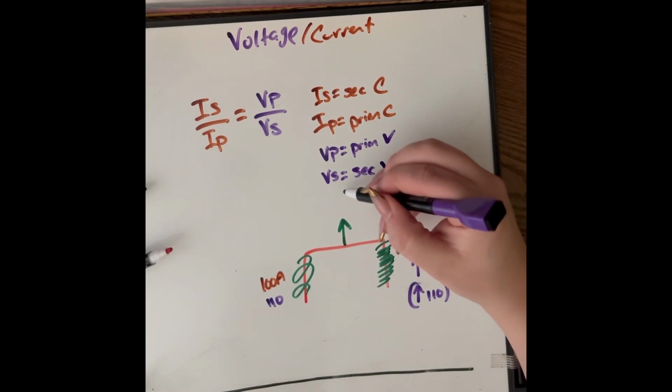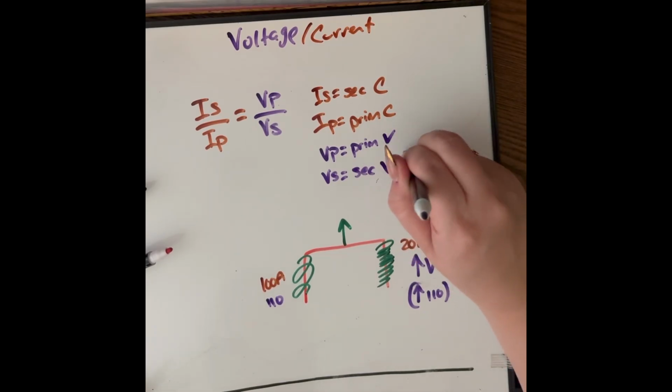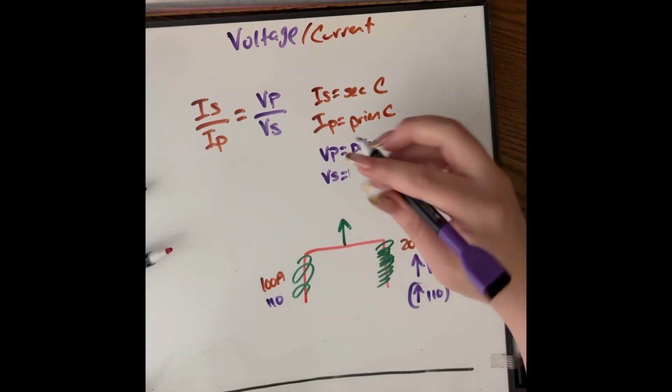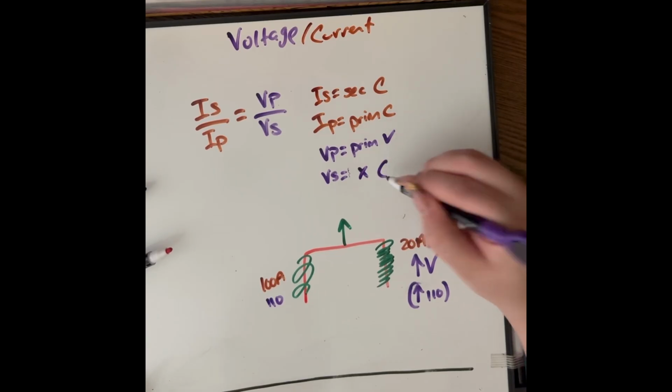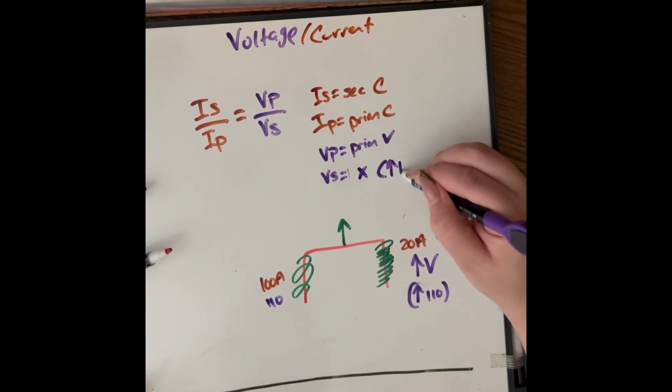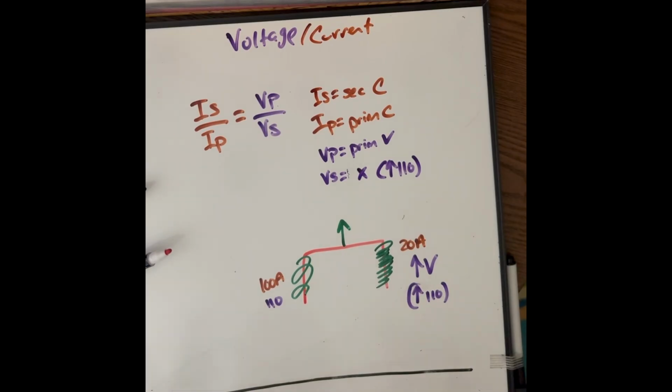I'm looking for my secondary voltage right here, X, and I'm hoping when I get my math right that it's going to be higher than 110. That's the way I do it. You don't have to do it that way. This is just how I double check myself because again, I'm terrible at math. So I just like to have all these fail safes in place. If I get confused, I can look at the whole picture.